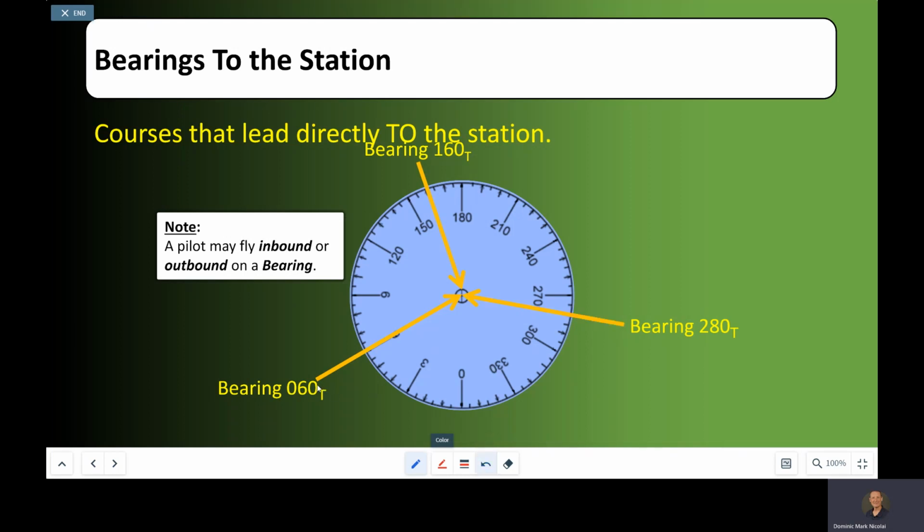Likewise, if I'm on the southwest side of the station, I'm facing 060 degrees. If I start walking, I'm going to make it to the station. So a bearing is simply a course that's leading you directly to the station.